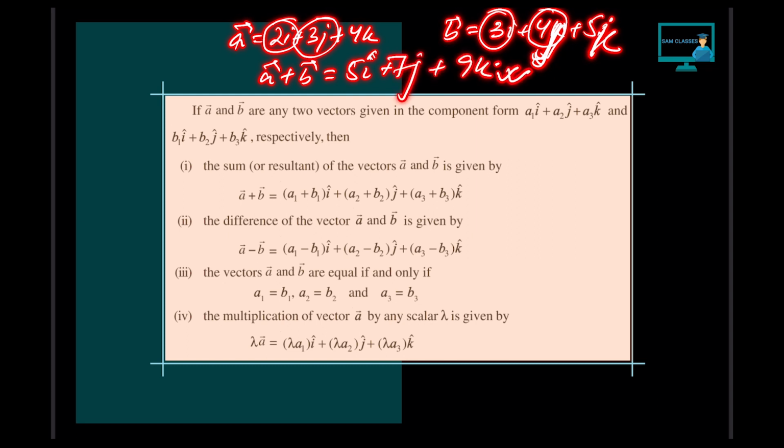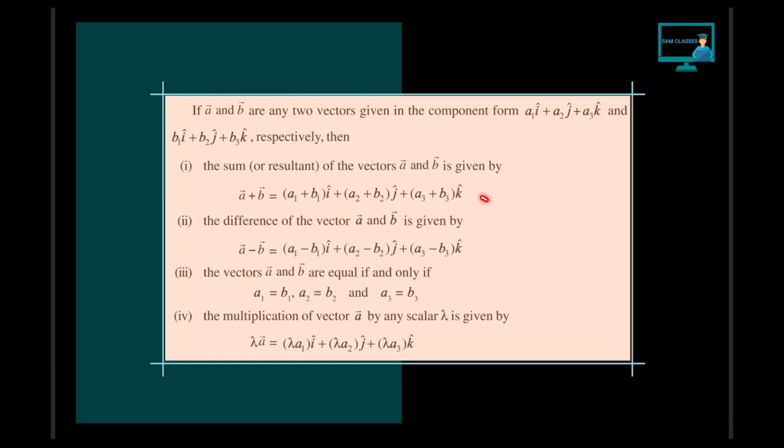That's it, done. Clear? So addition is just individual: i components, j components separately, and k components you added. Same thing for subtraction. If they say two vectors are equal, their i components will be equal, j will be equal to their j, and k will be equal to their k.